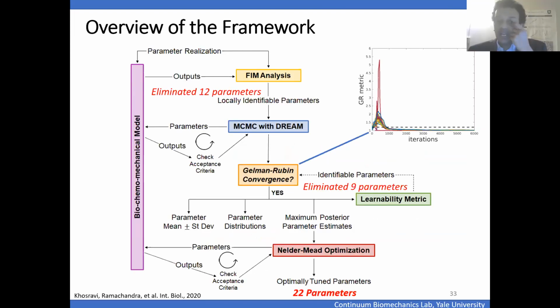I do not have the table here that shows which of these parameters were determined, or I can pull that up quickly. But essentially, the strategy was, out of the 43 parameters, we had to eliminate 21 parameters from the estimation.